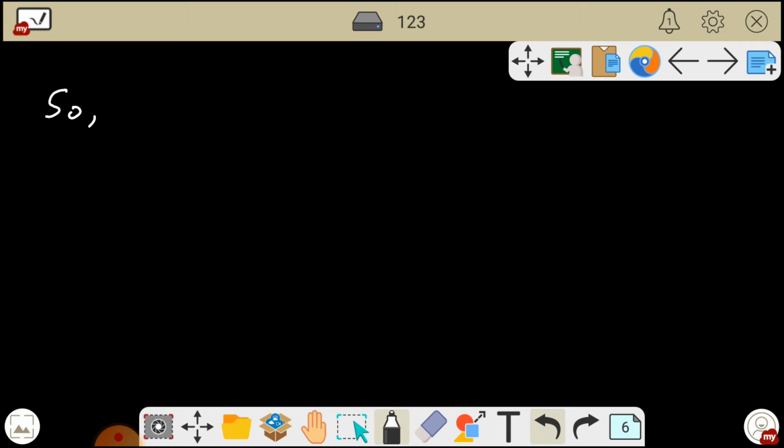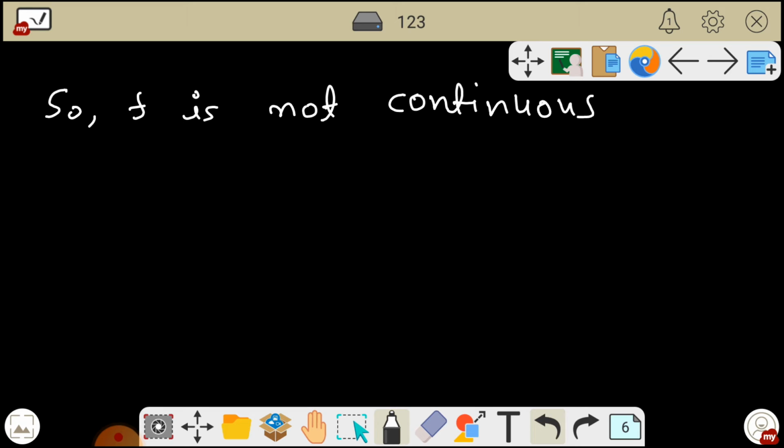So f is not continuous, or you can write f is discontinuous at x equals 0. We can also say that x equals 0 is a point of discontinuity, right?